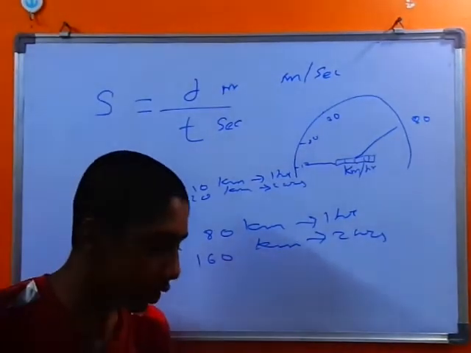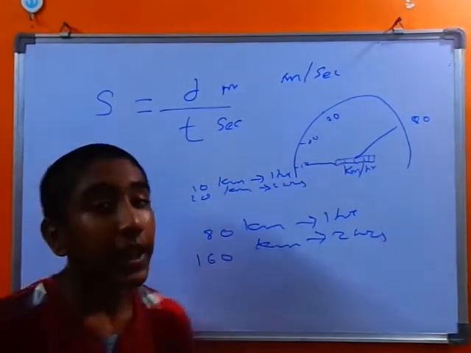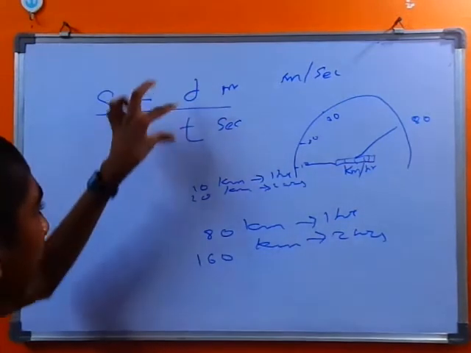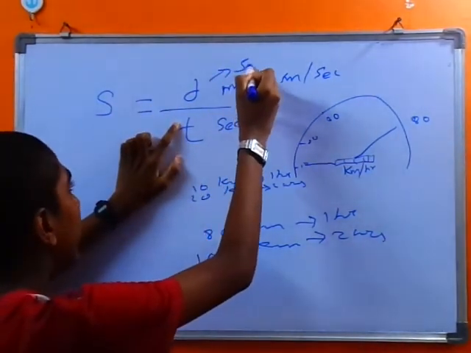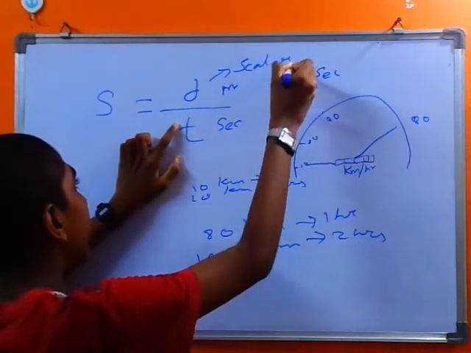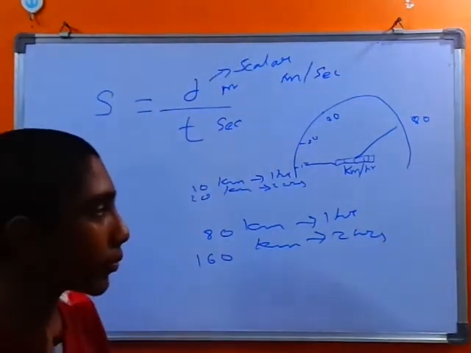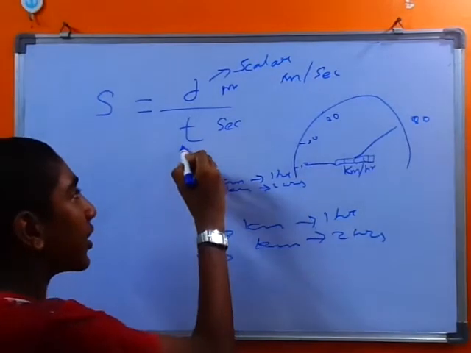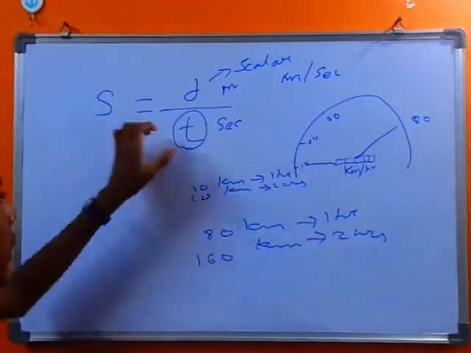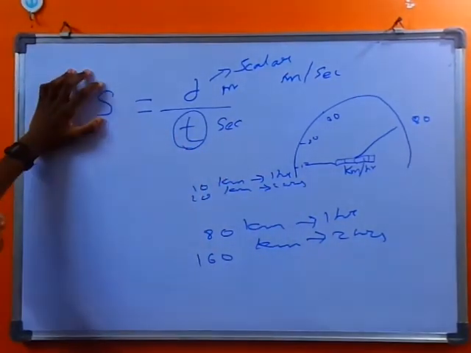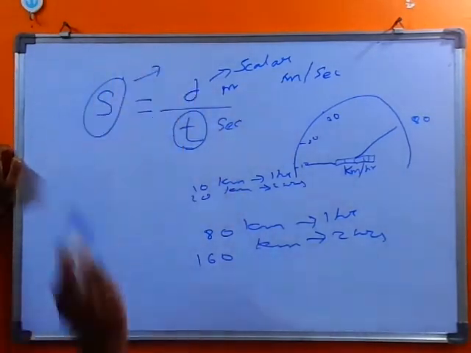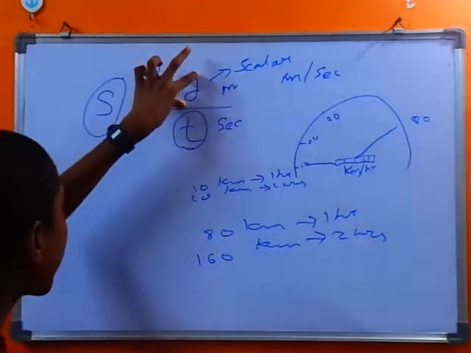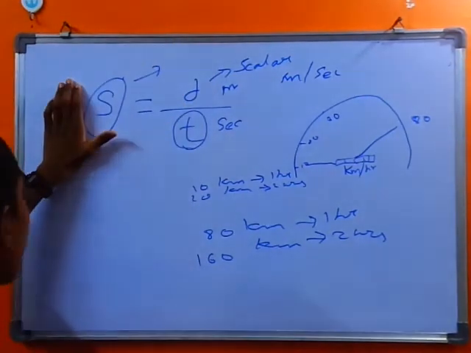So speed is distance per time. Distance, as I already told, is a scalar quantity, and speed is also a scalar quantity, because as distance is scalar, speed is also scalar.